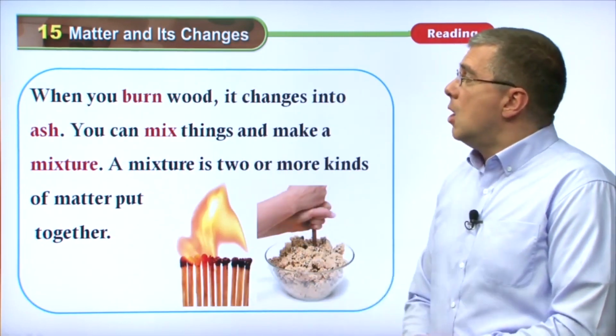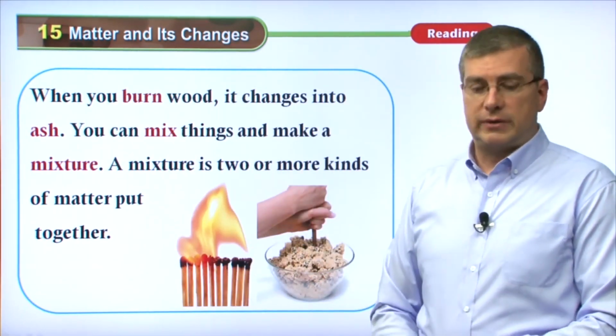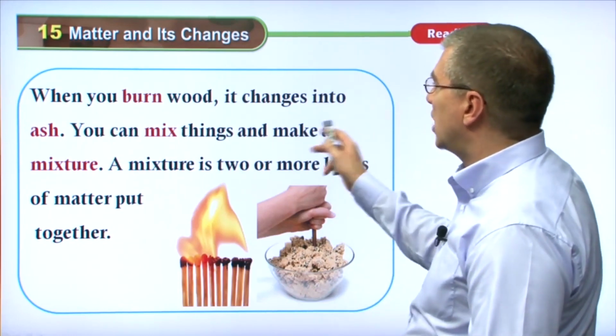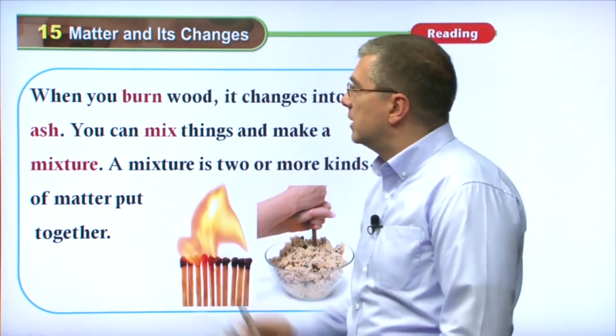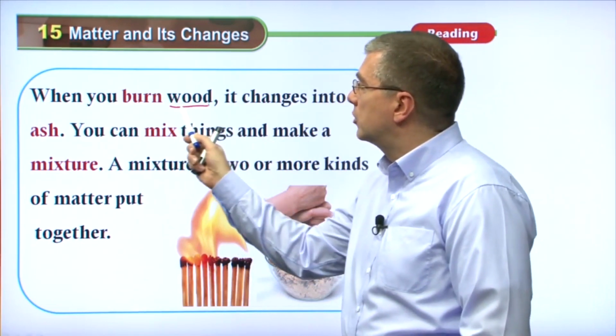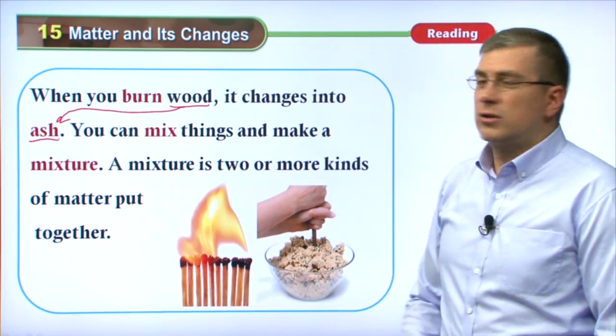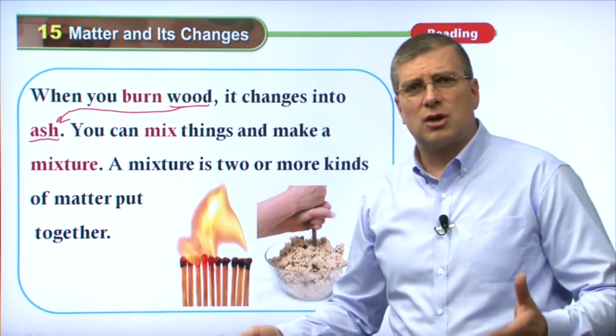Well, first of all, when you burn wood, we talked about that. When you burn wood, remember, it's kind of a destructive process. It changes into ash. So when you burn wood, wood will change into ash, okay? So it changes the nature of the matter.